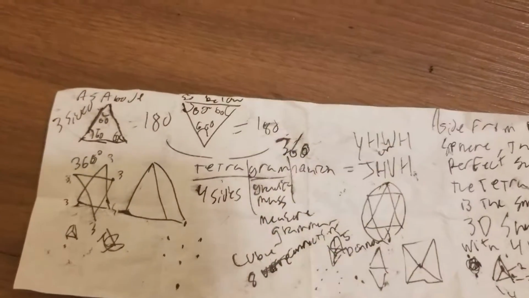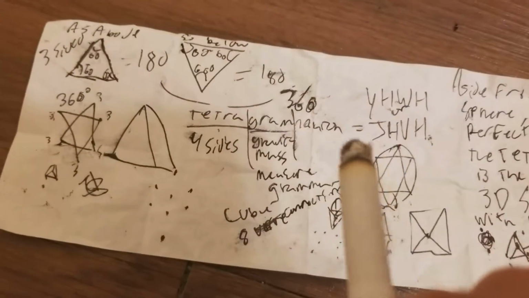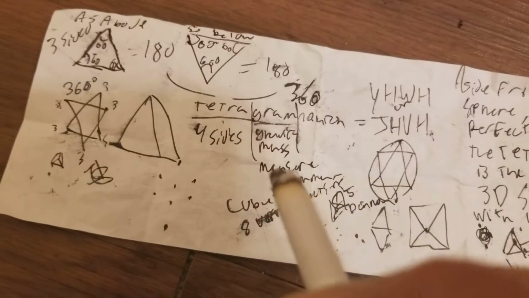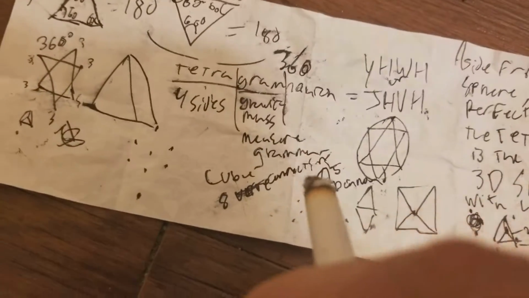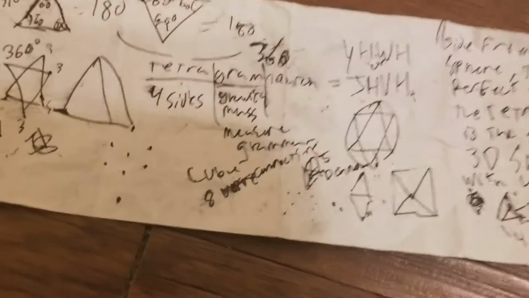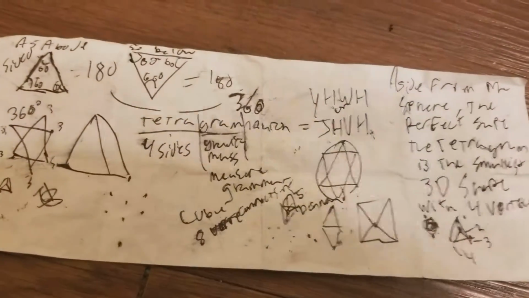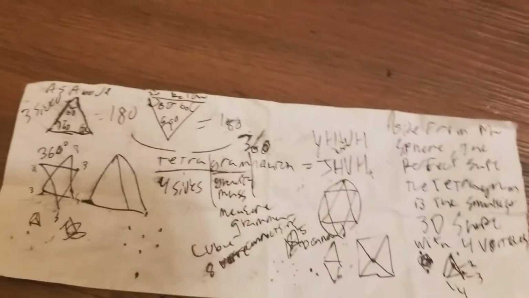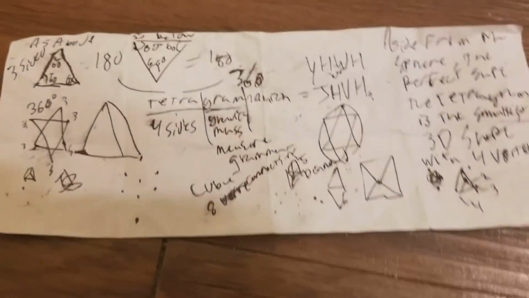It sounds pretty crazy, but we've got tetra with four sides, and gram: gravity, mass, measure, grammar. And the tetragram is the simplest 3D geometric shape because it has four vertices.